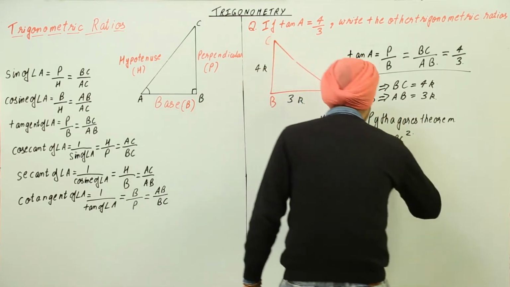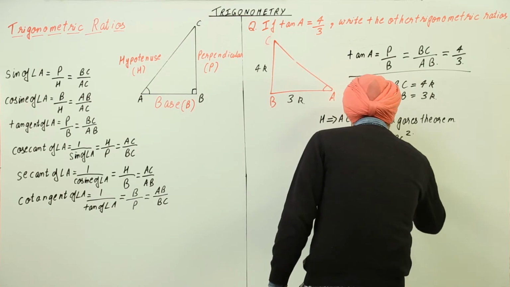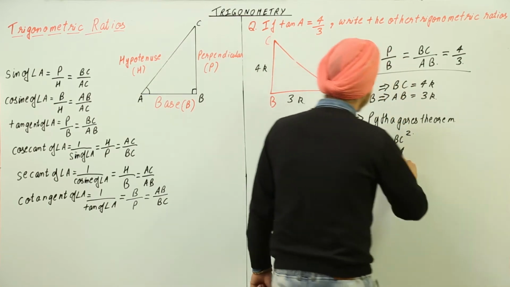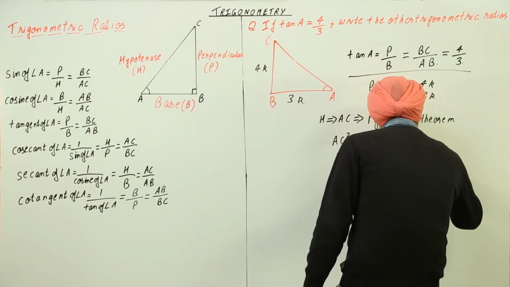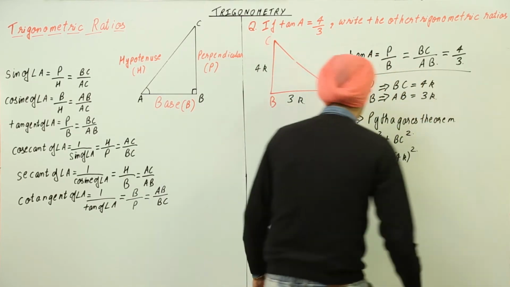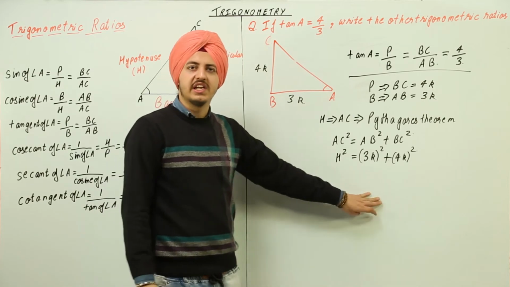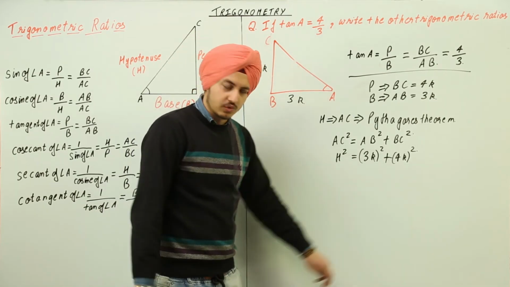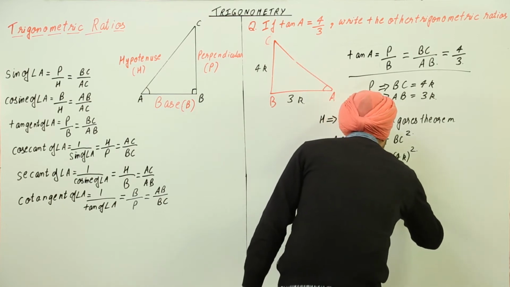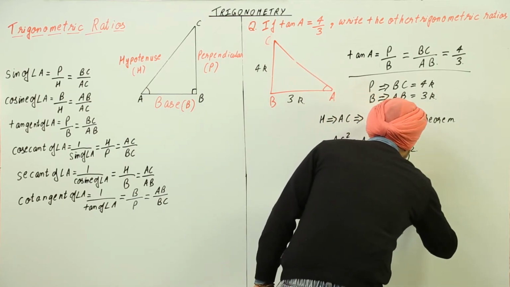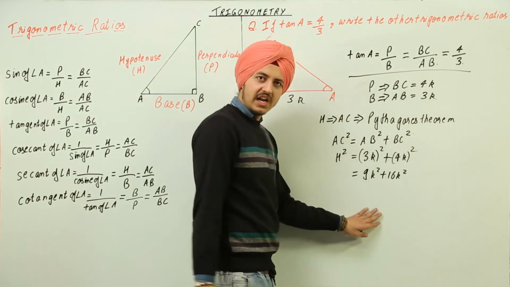So AC square, or I can write it H square, is equal to AB square. How much is AB square? It is 3K whole square plus BC square. What is BC? It is 4K. So 4K whole square. So H square is equal to 3K square plus 4K square, and this is equal to 9K square plus 16K square, correct?